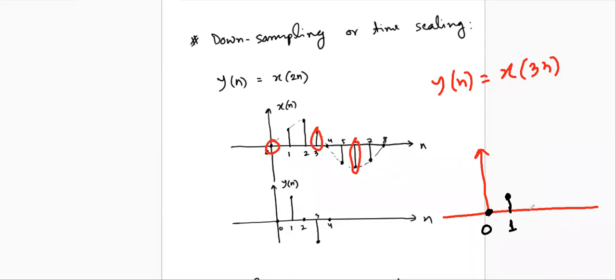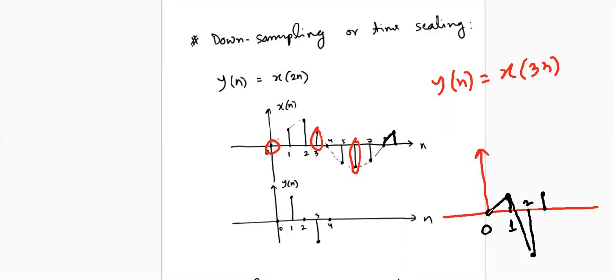The 6th sample will be survived at the 2nd location, and that is a negative maximum. And then 6 plus 3, 9th sample, let's say this is the 9th sample. 9th sample will be survived at the 3rd location.